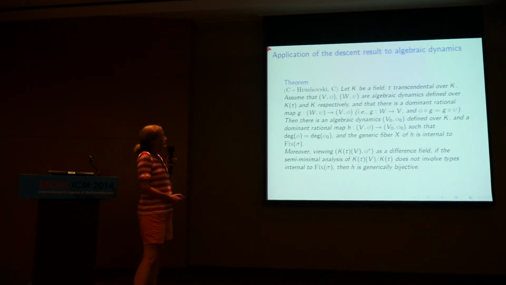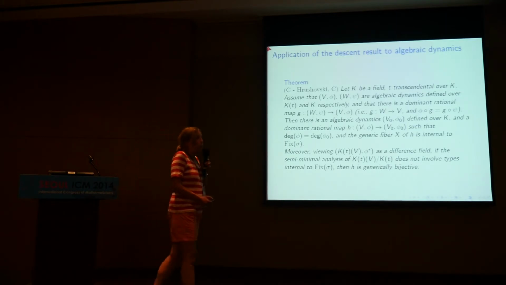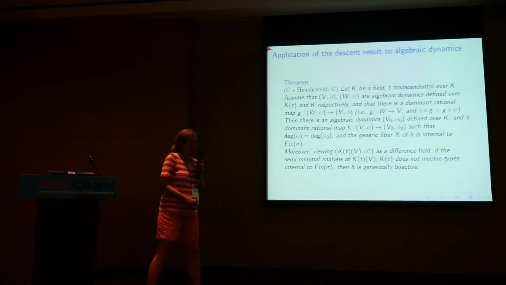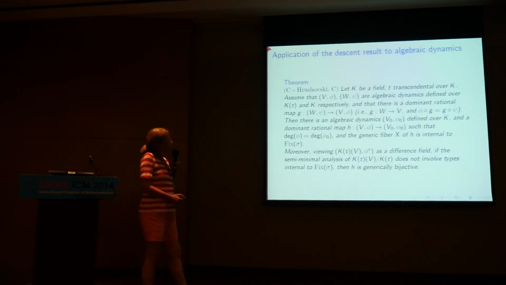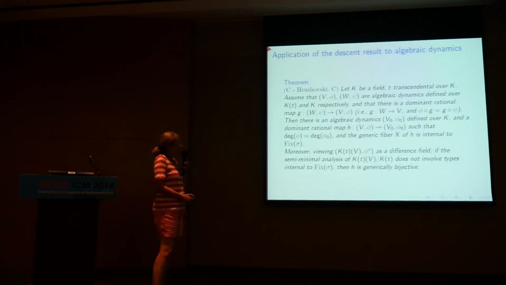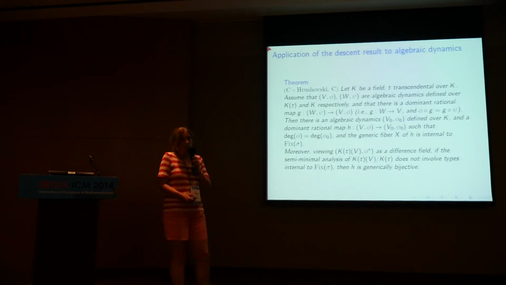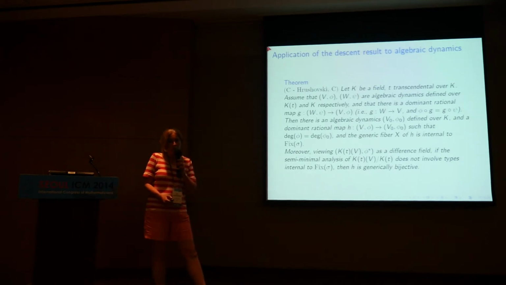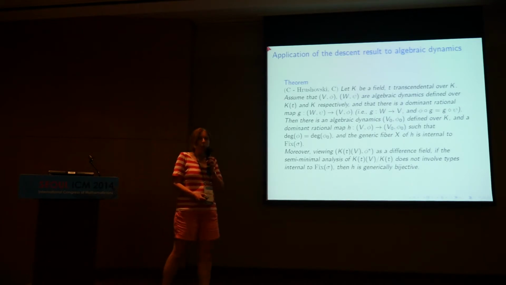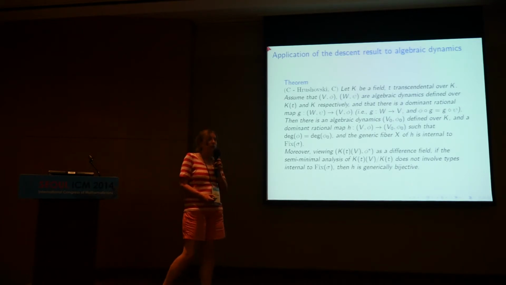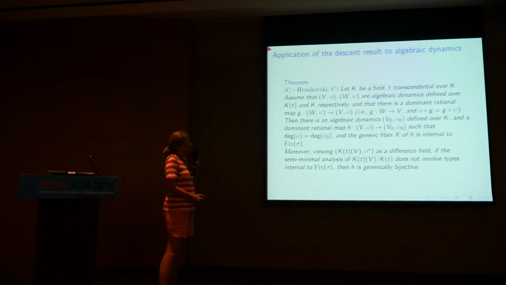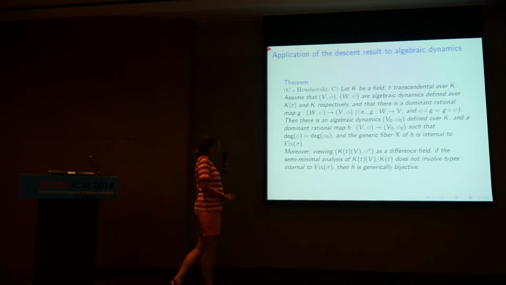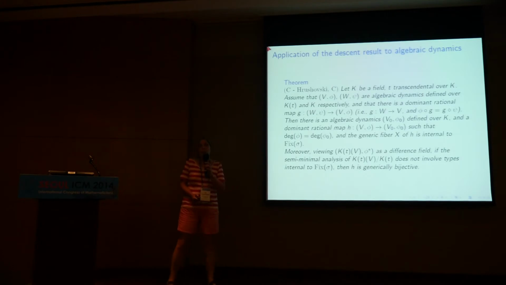And it's not always in all cases. We have some examples where you do not get isomorphism. However, you get a fairly strong conclusion. You get that this (V, phi), while itself is not isomorphic to something defined over the small field K, it's going to have a quotient, (V0, phi0), which will be defined over K. And moreover, the degree of phi0 and the degree of phi will be the same.